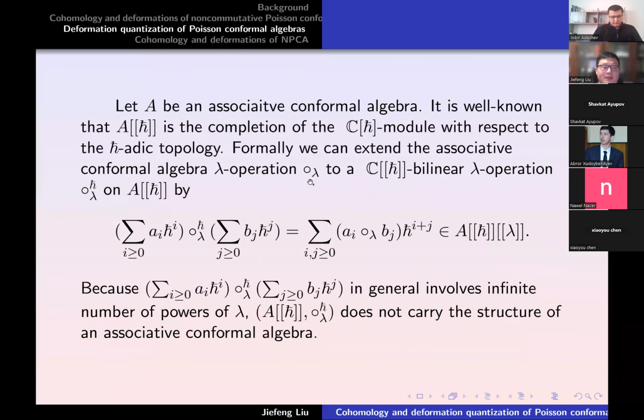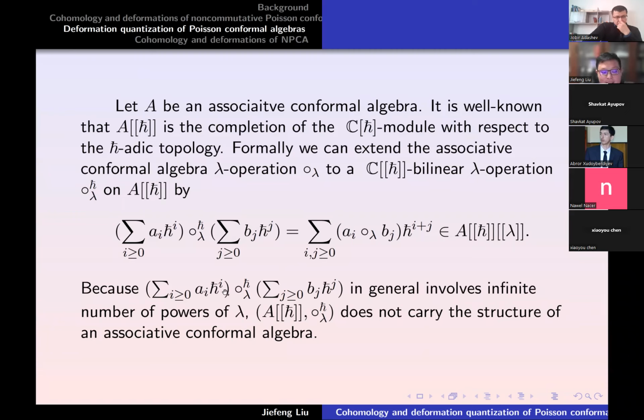Now, we recall some facts. Let A be an associative conformal algebra. It's well known that A double bracket h bar is the formal power series in h bar with coefficients in A. It's the completion of the C[h bar] module with respect to the h bar-adic topology. Formally, we can extend the associative conformal algebra lambda operation to this bilinear lambda operation on this space as follows.